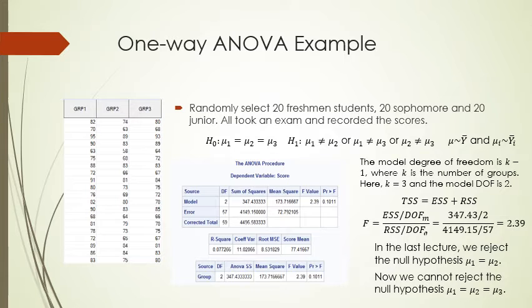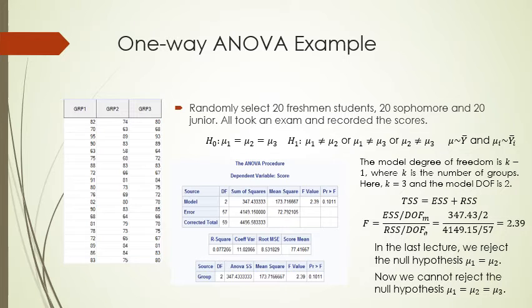The test statistic is the F value, and the null distribution is an F distribution with 2 and 57 degrees of freedom. The F value is 2.39 and the p-value is 0.1.